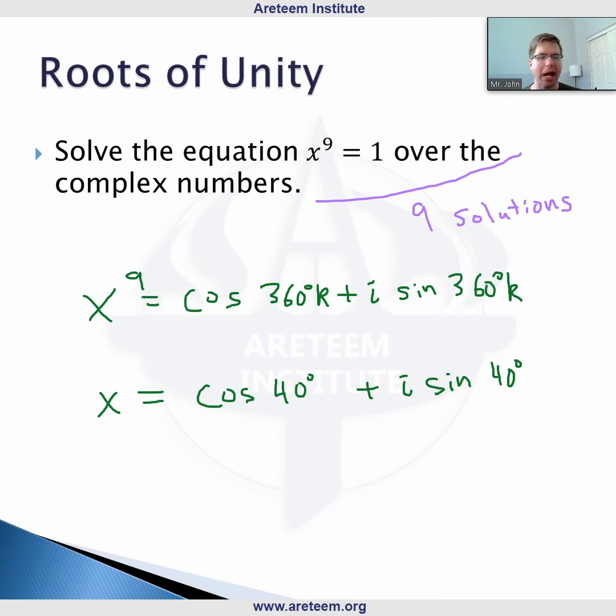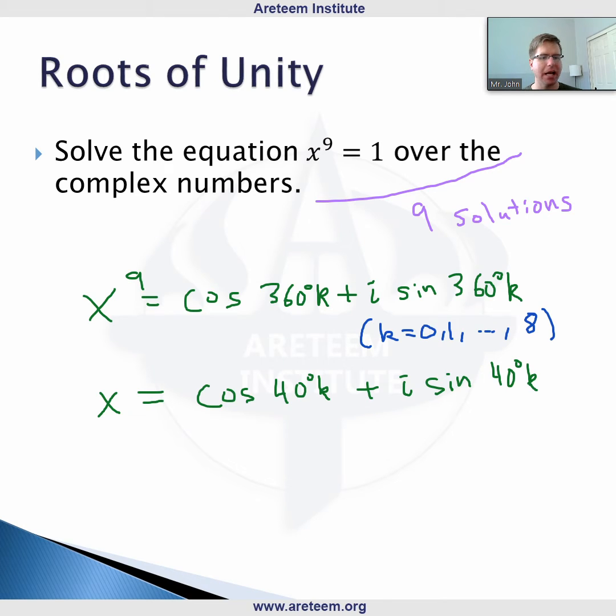Just to keep track there, notice that if we wanted to start with 0, we could start with 0, or 1 would work, or 2, all the way up to 8 in this scenario. And now everything we did works, except we just need to add a k to this equation as well.